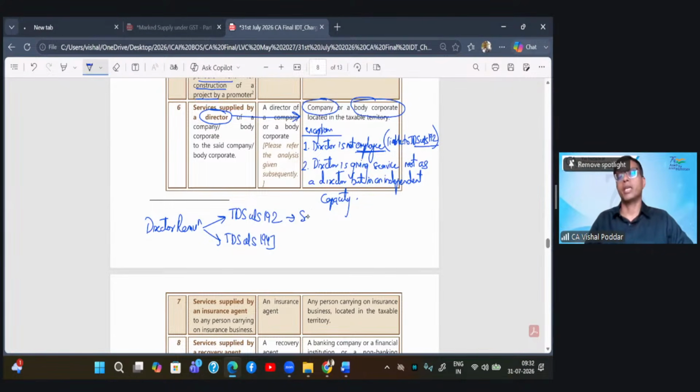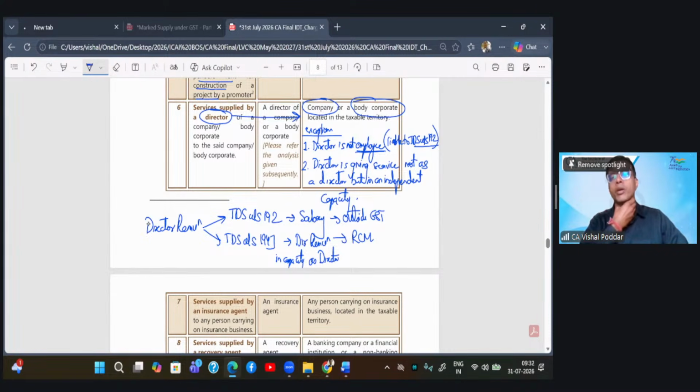Under 192 it is salary, hence outside GST. Director's remuneration in the capacity as director is under RCM.